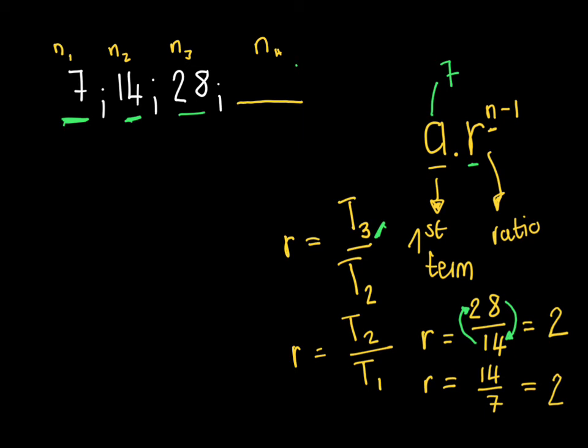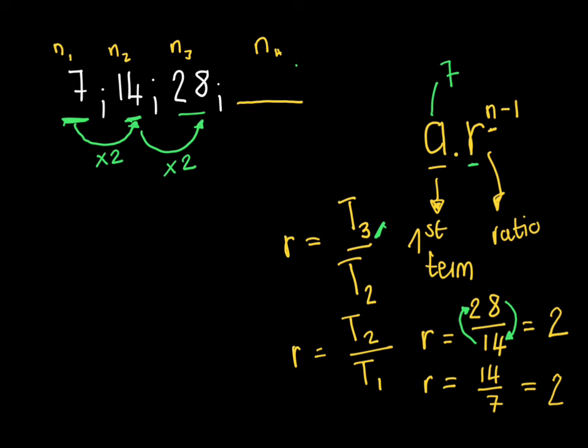Same here. If I go 7 multiplied by 2, that's going to give me 14. And then 14 multiplied by 2, that's going to give me 28. So if the rule for our ratio holds, then we should be able to figure out what that next number is. I hope that's helpful.